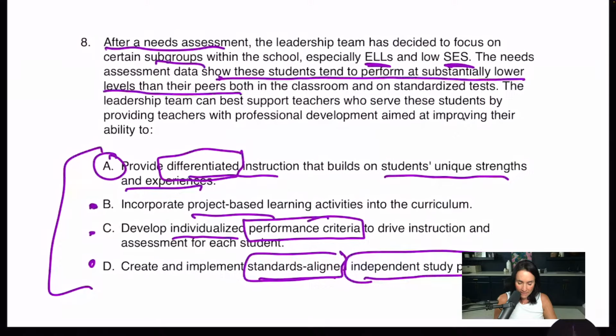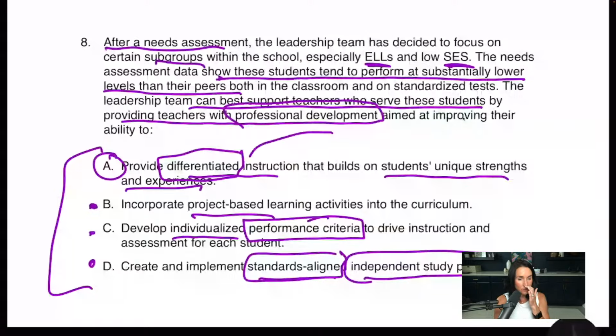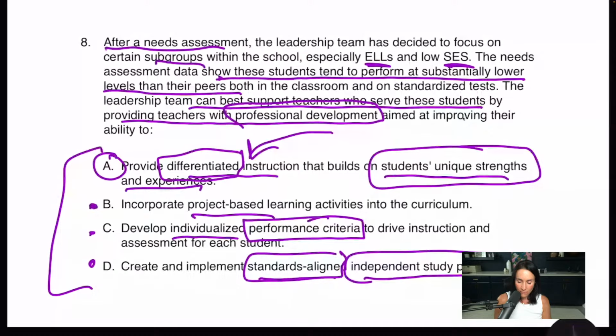The leadership team can best support teachers who serve these students by providing teachers with professional development aimed at, well, we need professional development aimed at differentiated instruction that builds on students' unique strengths. Remember what I said in the specs. Having ELLs and students from low SES is not a deficit. It's an opportunity because they have unique strengths. So where can we maximize those strengths and use them towards differentiated instruction to close that achievement gap and opportunity gap? And that's why A is the correct answer.